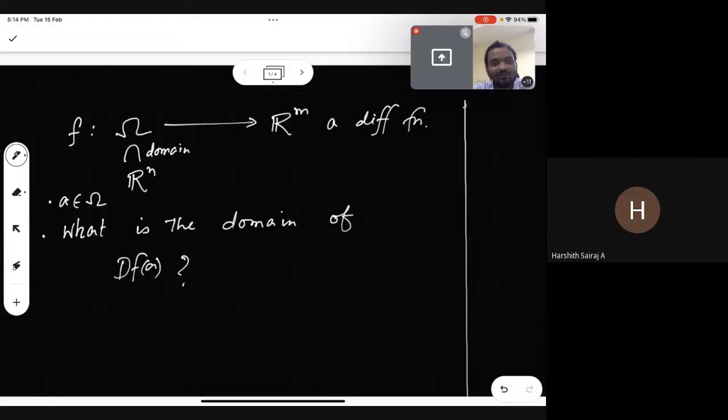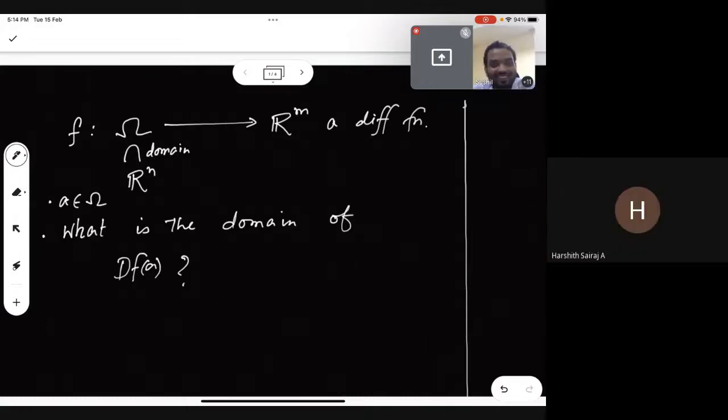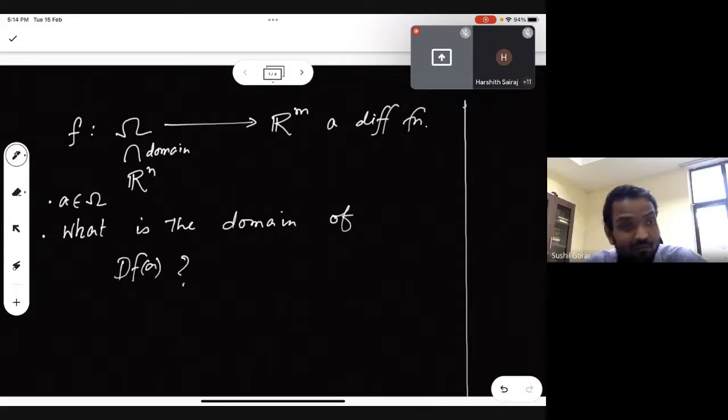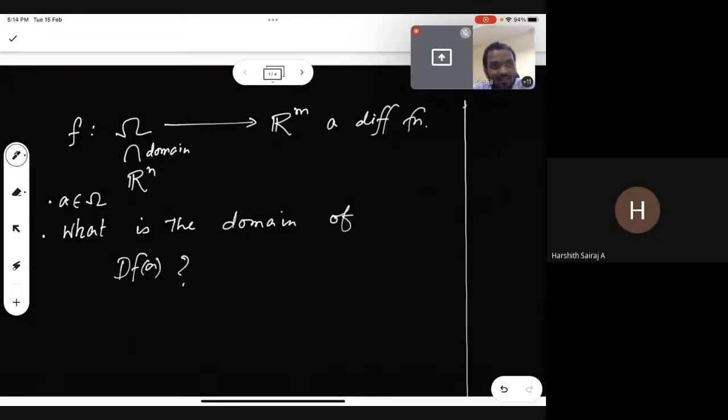Sir, it's a linear map from Rn to Rm, so it's the whole of Rn. Whole of Rn. Why? Because it's a linear map. True. But is this whole of Rn coming from omega? No, sir, it is something else.